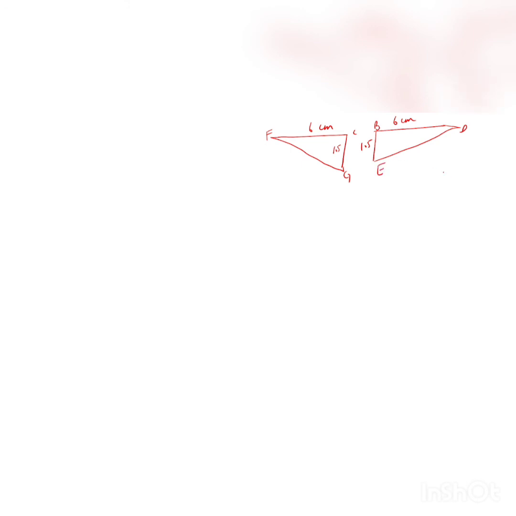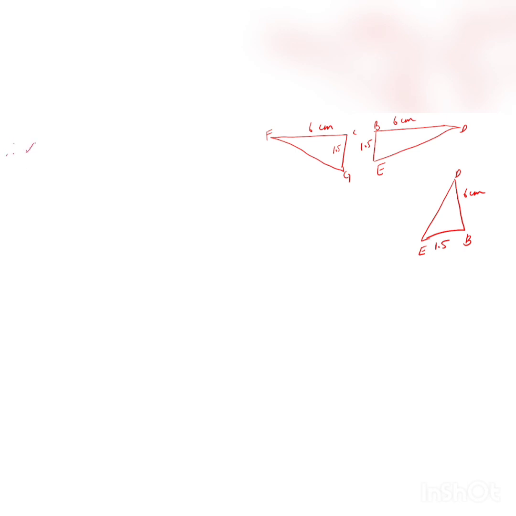Now you look at this triangle. I'll try to draw like this so you can understand. Now you look at this. What does this become? The base here is B and D, which is 6 centimeter, and B and E is 1.5 centimeter. So now you know the base and the height of a triangle.